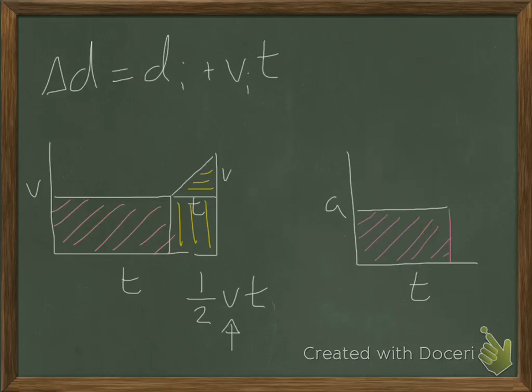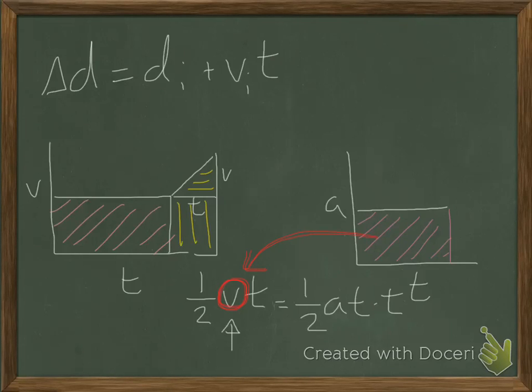So let's look back at our equation here to calculate the area of that triangle. And instead of doing 1/2 vt, I could do 1/2 at times t. Now all I did here was substitute the value of velocity using the area of my at graph.